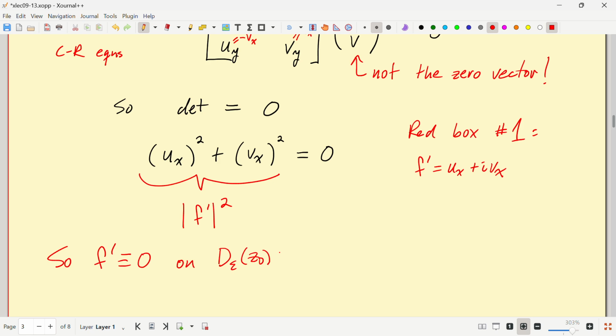So now, am I done? f prime is 0 on the disk, so it certainly is constant on that disk. Is it constant on all of omega?